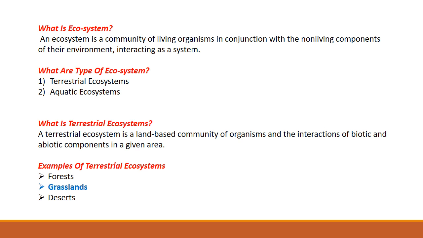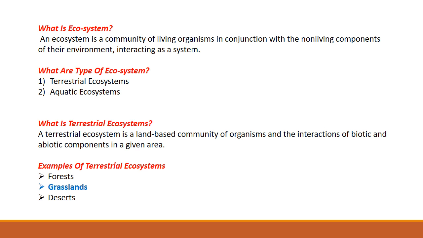These features create conditions that support a community of plants and animals that evolution has produced to live in these specific conditions. There are two types of ecosystem: terrestrial ecosystem and aquatic ecosystem.